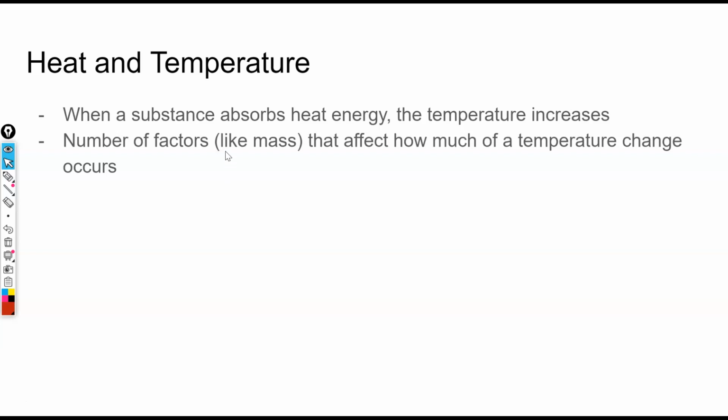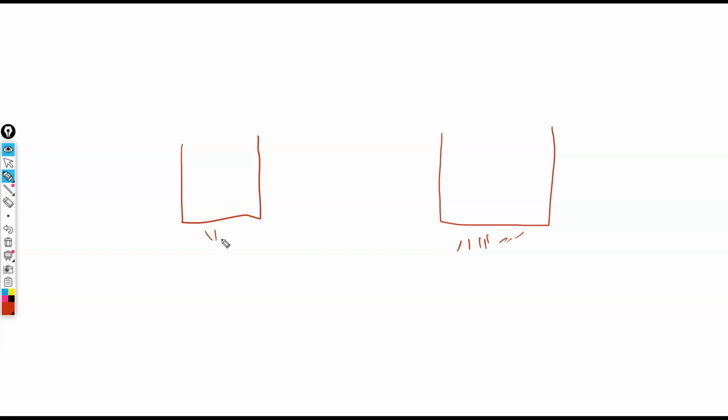Let's say we have 2 pots of water. Here's one pot of water, here's another pot of water, and I apply some heat to both. Let's say this one is only half filled, and this one is fully filled with water.